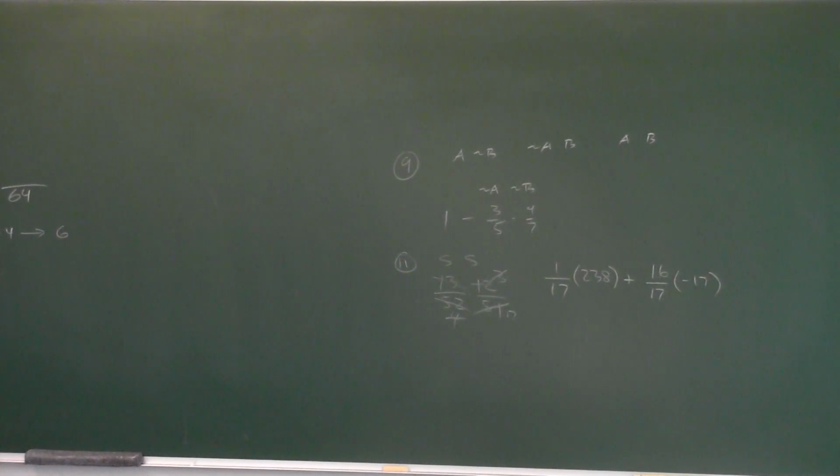Okay, what's another case? 2, 2, 3. How many different orders? 3. Any other cases that add up to 7? 1, 3, 3. How many different orders? 3. Is that it? So the answer is 12 out of 64, and then you reduce.